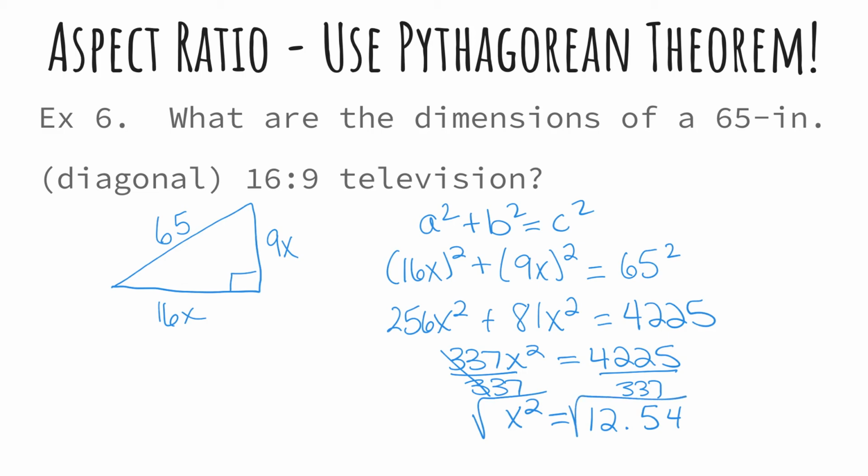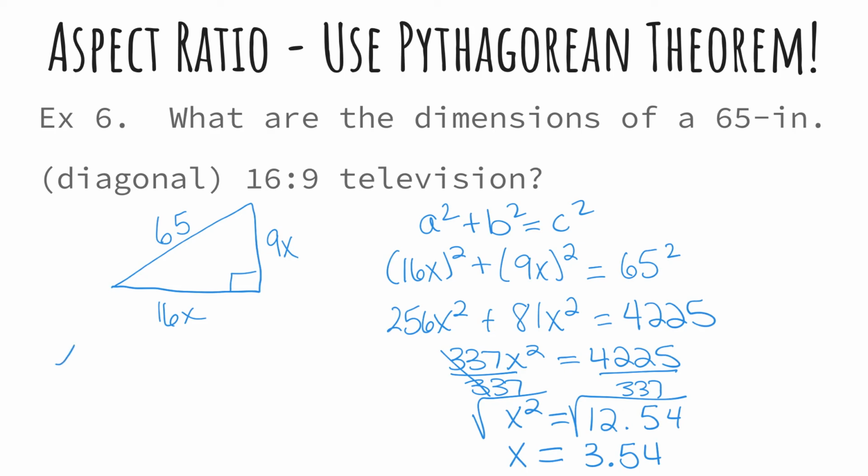So I just hit the square root sign first, then I go up and grab that number and hit enter. That way you're taking the square root of the whole number and not one that has been rounded. So this comes out to be 3.54 if I round it to the nearest hundredth.